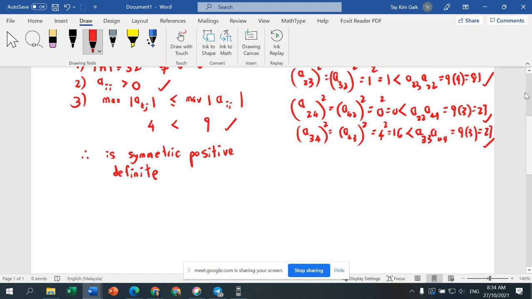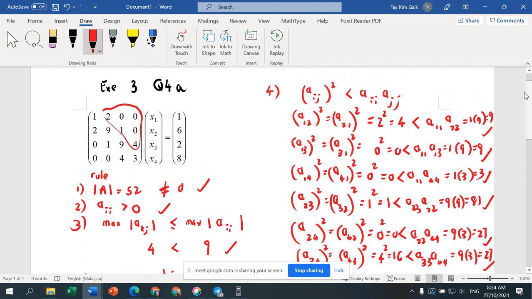If one of them is not satisfied, this is not symmetric positive definite, so you cannot use Cholesky. Only a symmetric positive definite matrix can use the Cholesky method. If it is not symmetric positive definite, then you can use Gauss elimination, and this matrix is actually also tridiagonal, so you can also use the Thomas method.